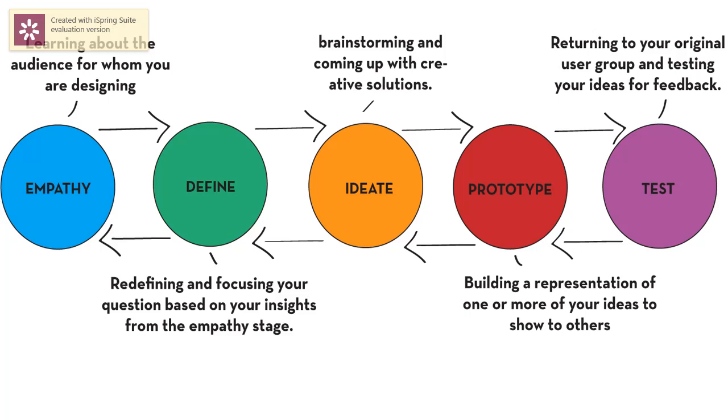Okay, now let's make a quick summary of what you have learned from this lesson. As you may notice from the screen, there are 5 stages: empathy, define, ideate, prototype, and test.